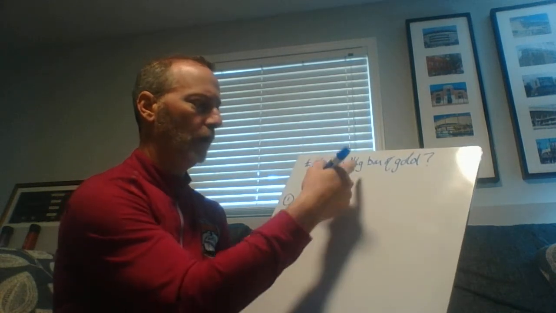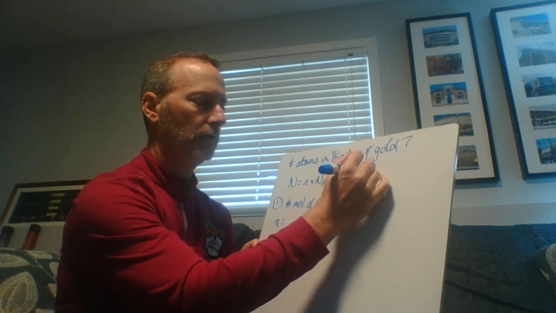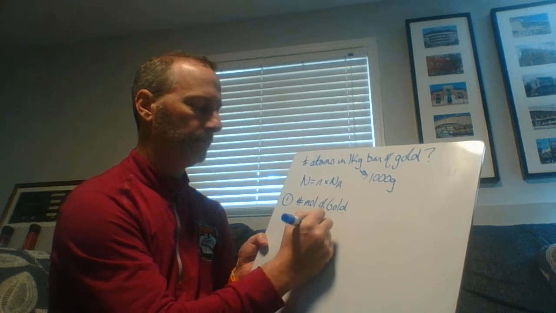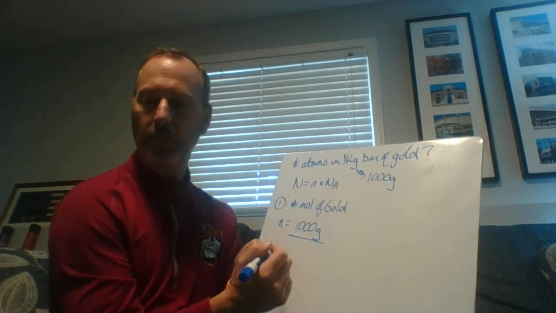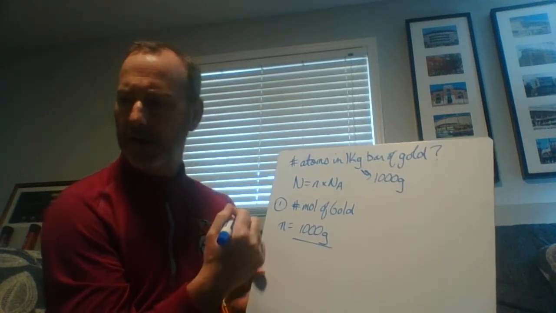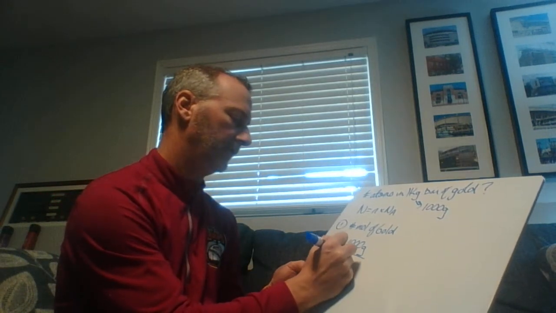So n equals mass over molar mass. I know my mass, 1 kilogram. Remember, we have to convert 1 kilogram to 1,000 grams. It has to be in grams because the units for molar mass are grams per mole. And the molar mass of gold is 196.97.